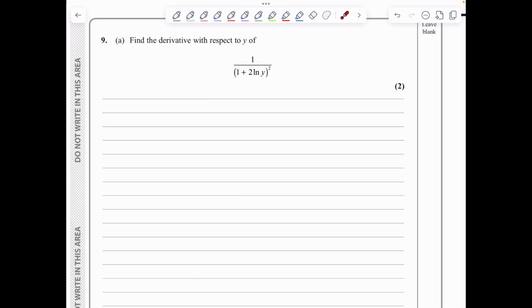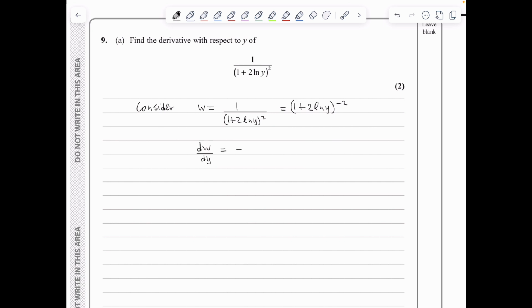In 9a, we are asked to find the derivative with respect to y of 1 over (1 plus 2 ln y) all raised to the power of 2. I will start by saying consider w to be exactly the expression in terms of y that I was given, which can be written as (1 plus 2 ln y) raised to the power of -2. All I'm being asked to do here is find dw/dy, so the derivative of this expression with respect to y.